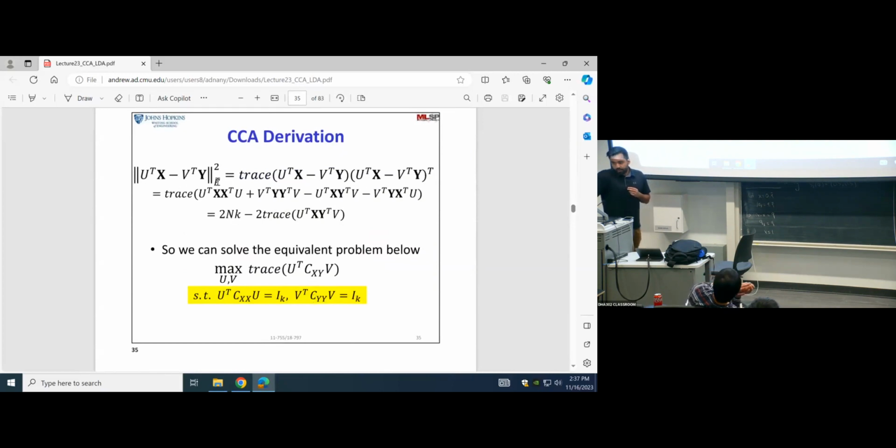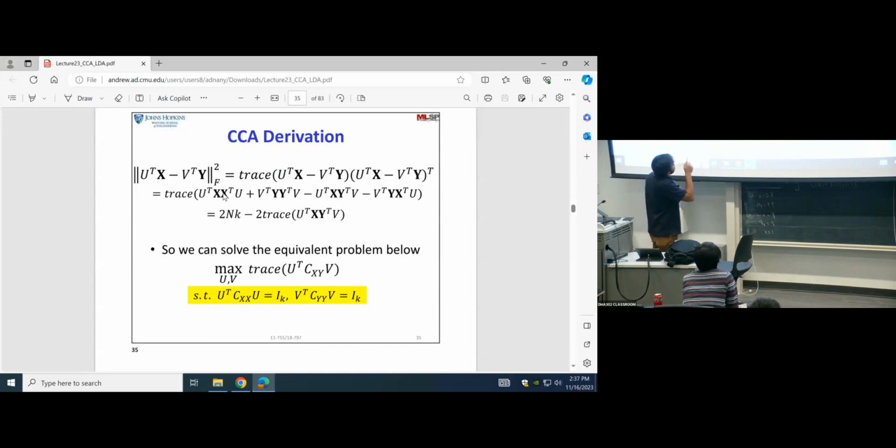So let's try to solve it. This is the same thing as saying this. The Frobenius norm of the matrix, you can just say it's the trace of the matrix times the matrix transpose. Then you can expand it. And if you look at these two, when you do trace, the permutation doesn't matter.